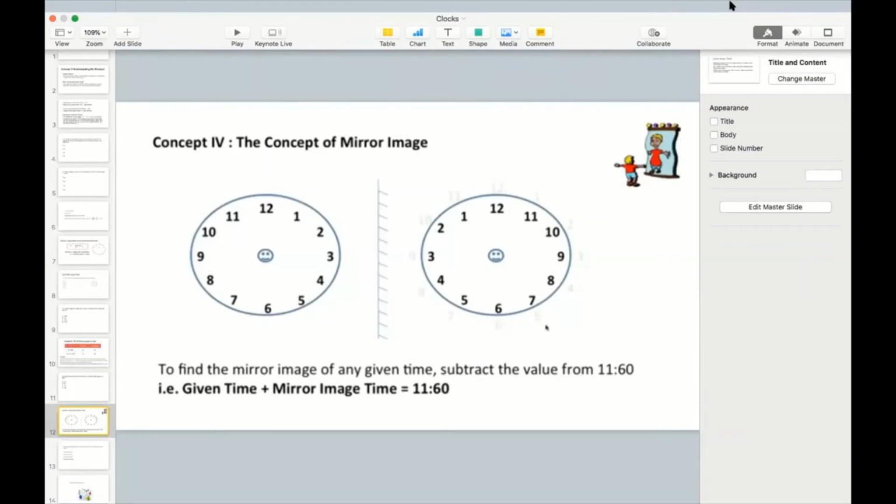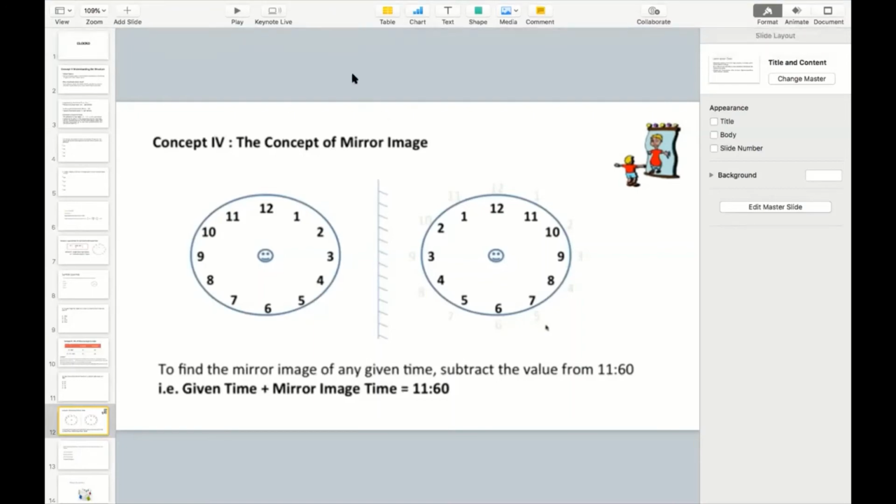From 60 we will subtract 51, so it will be 09. The minutes will be 09, and the hour value will be 11 minus 6, which is 5. So the mirror image time will be 5:09.